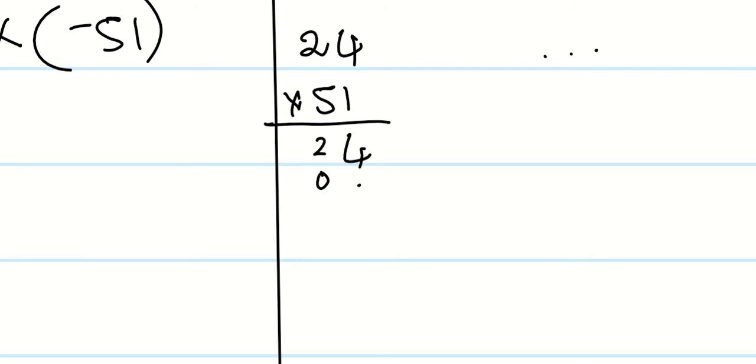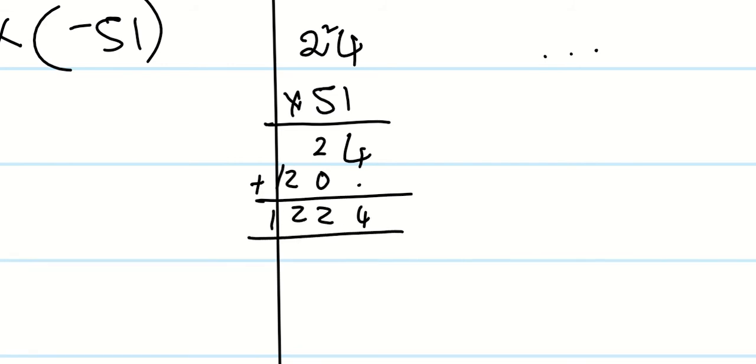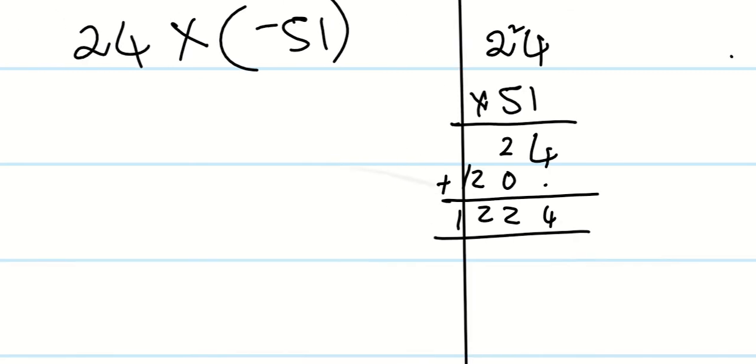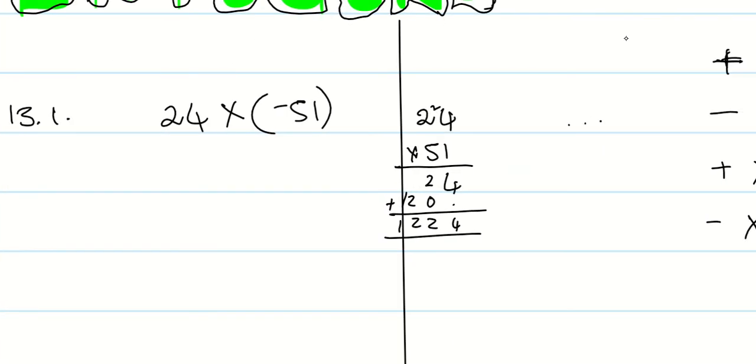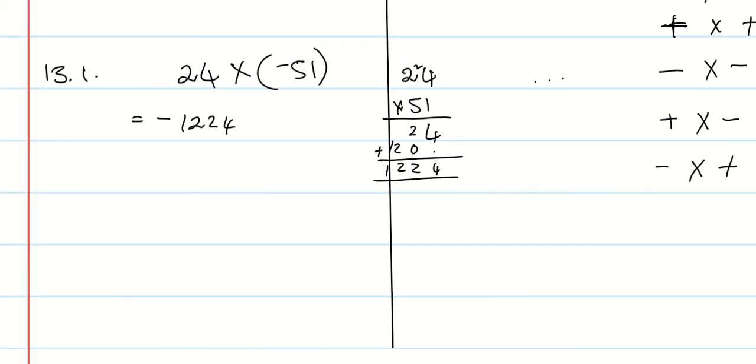I write down the 0, and then 5 times 2 is 10, plus the 2, is 12. Now I do my addition: 4, 2, and 1224. However, we were working with a positive and a negative, so what is vital to remember? It's negative 1224.